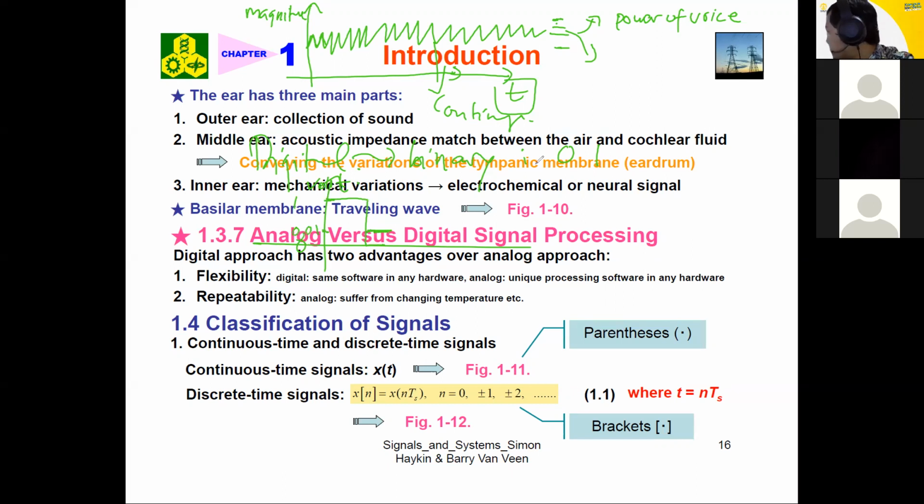For example, in this case we have 101. This is the digital signal. As I mentioned, the digital signal is more flexible in terms of processing.